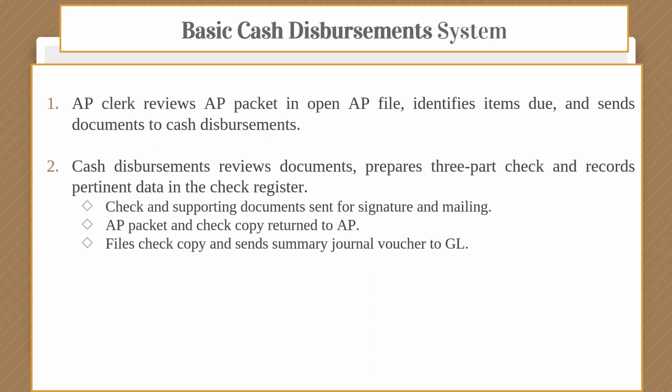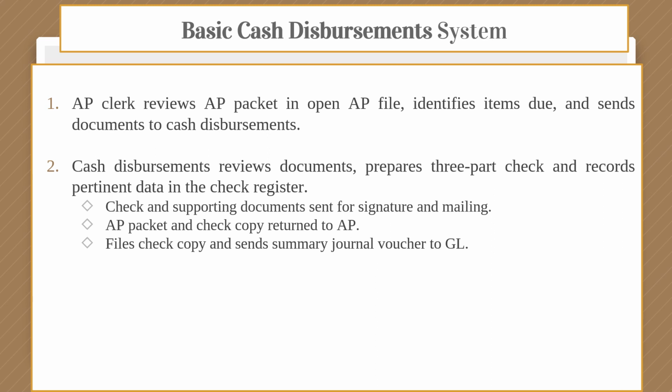Second, cash disbursement reviews the documents, prepares a three-part check and records the pertinent data in the check register. They will send the check and supporting documents for signature and mailing. Accounts payable packet and check copy are returned to accounts payable for update.